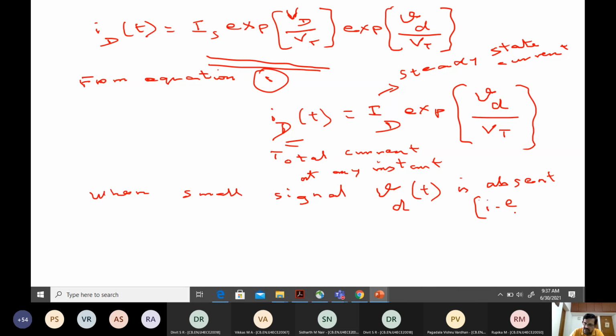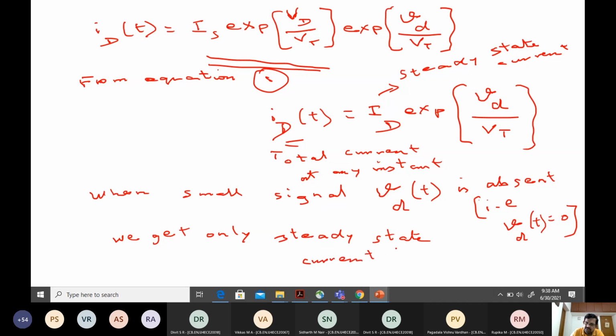That is v_d of t equal to 0, exponential of 0, anything to the power 0 is 1, and you get only steady state current, steady state current at V_D.